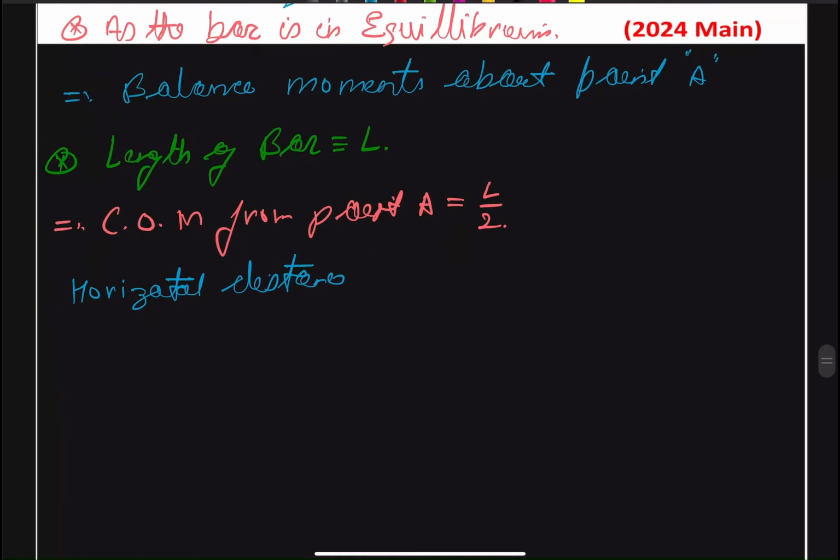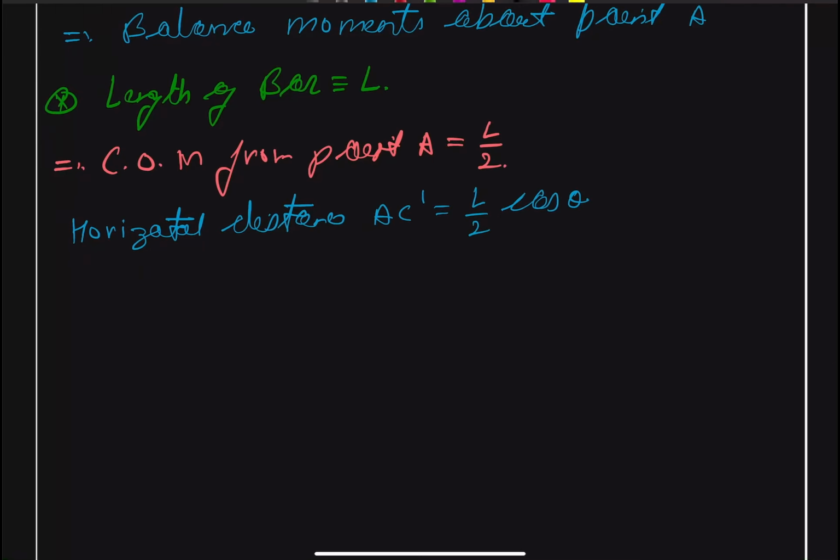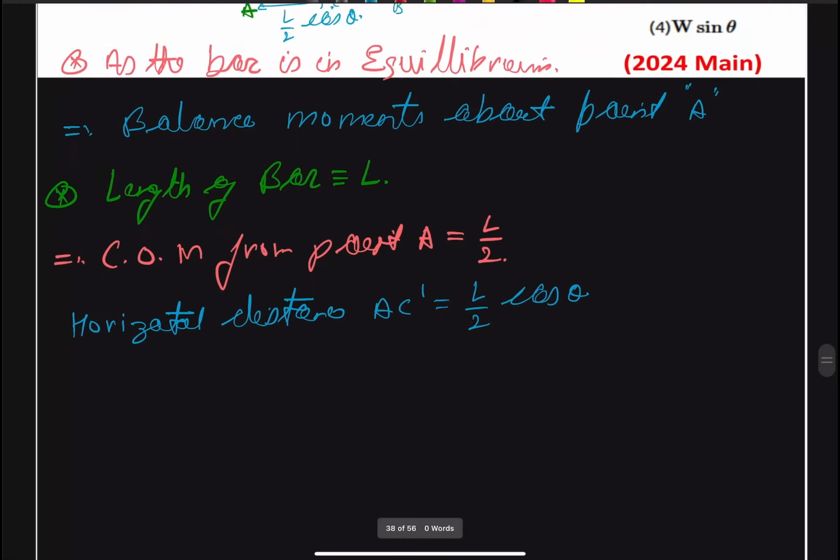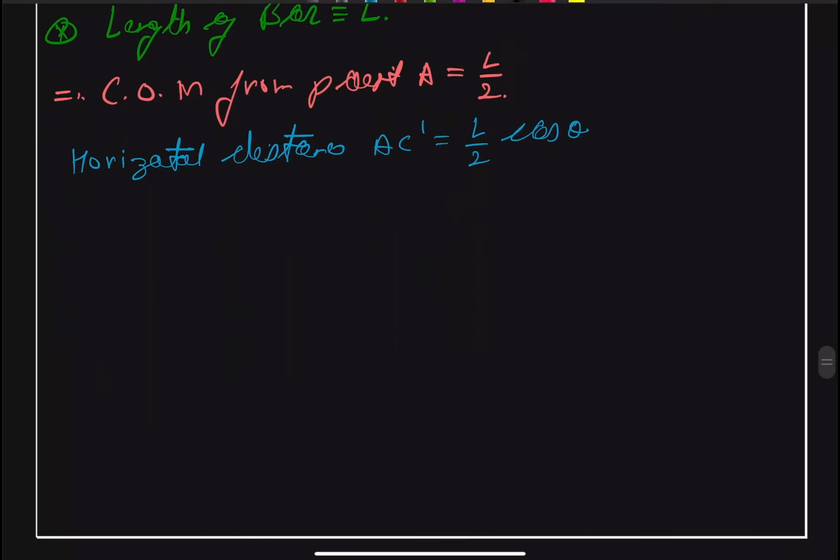So the horizontal distance AC prime will be equal to L by 2 cos theta, and the horizontal distance AB prime will be equal to L cos theta.